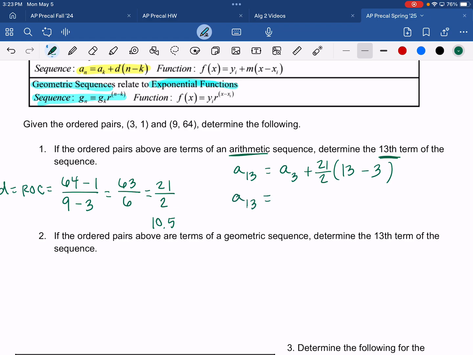So the 3rd term, this is the part, be careful, the 3rd term isn't 3, the 3rd term is 1. So start at 1 and add 21 halves 10 times. I'm trying to go no calculator here. I'll reduce the 10 and 2.